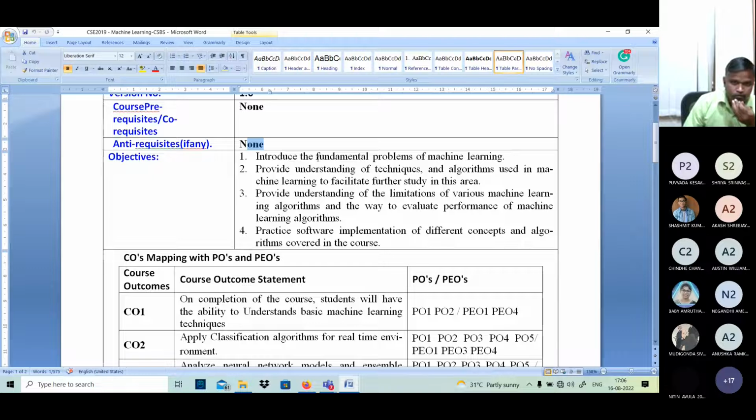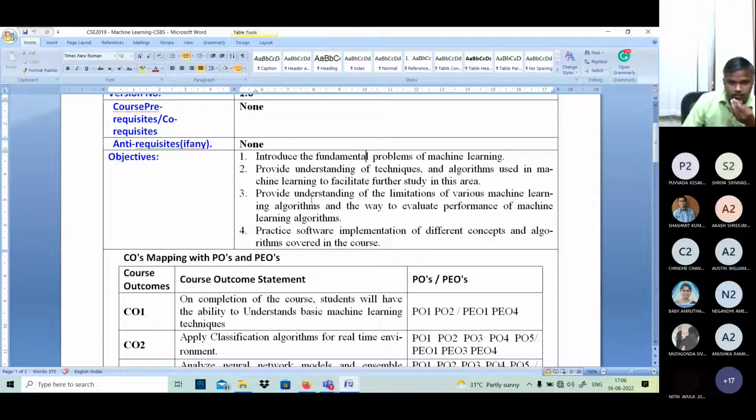To know the fundamental algorithms of machine learning to solve problems, and provide understanding of techniques and algorithms used in machine learning to facilitate further study in the domain, right?